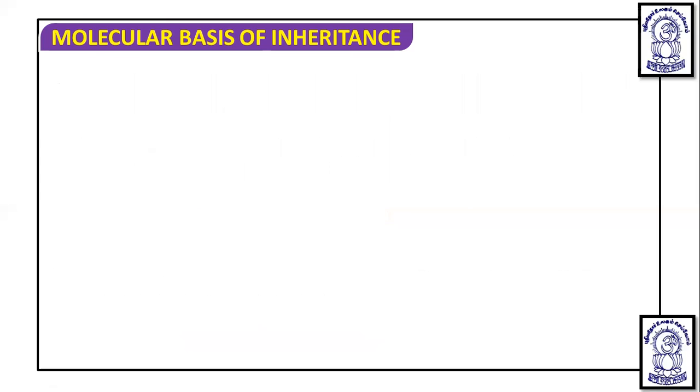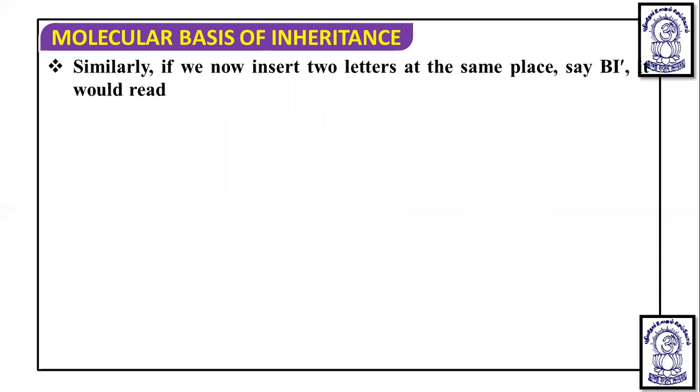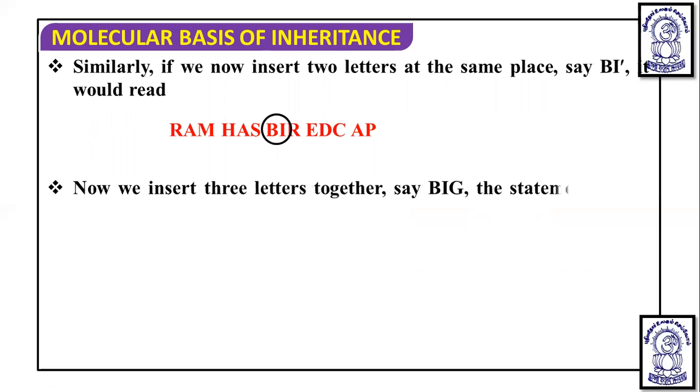Similarly, if we insert two letters in the same place, say BI, then it would read Ram has BIR EDC AP, because the further words are getting changed as we are adding B and I. Now we insert three letters together, say BIG.